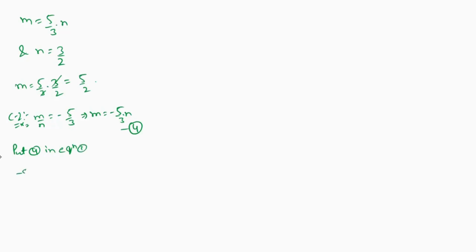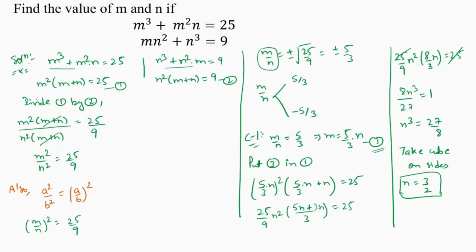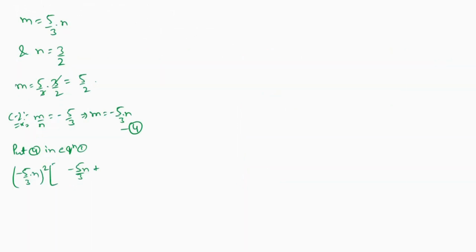We get (minus 5 by 3 times n) whole square times (minus 5 by 3 times n plus n) equals 25.